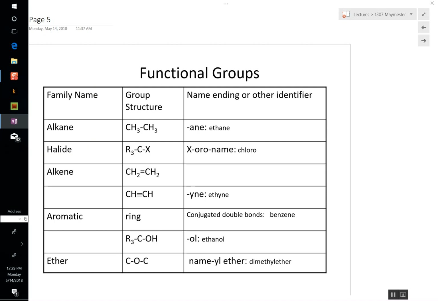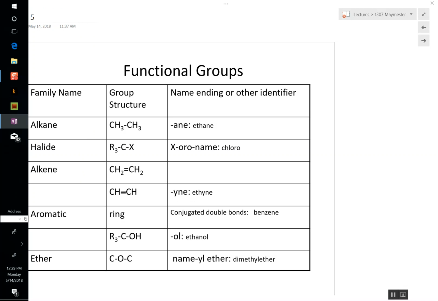Let's go on to the next one. Excuse me, when you have the alkene group, you have the double bond, but you have ethane there. Is it supposed to be ethene, with an E and an E?